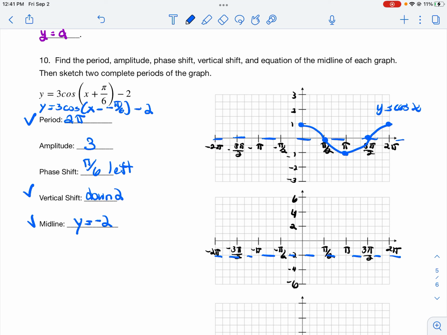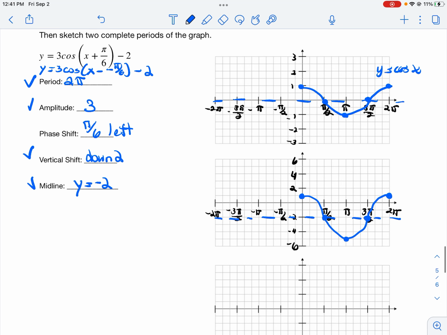So now I'm going to graph on this first graph my amplitude, which is 3. It's a cosine graph, so we start above. I need to be above the midline by 3. Then on the midline, next tick mark, I'm below the midline by 3. Then back on the midline, and then above the midline by 3. And this is one full period of that transformation.